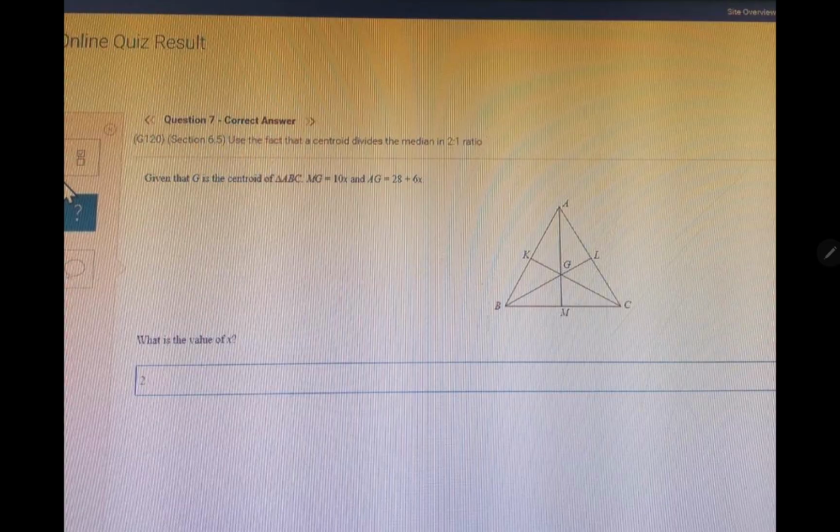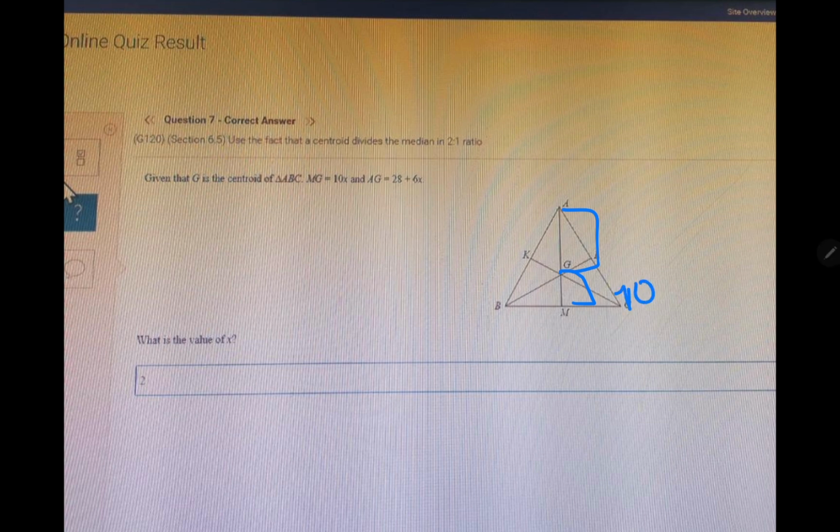Now question number 7. Given that G is the centroid of ABC, MG is equal to 10x and AG is equal to 28 plus 6x. Just by looking, AG is way bigger than MG. So that means half of AG is equal to MG, or double MG is equal to AG.